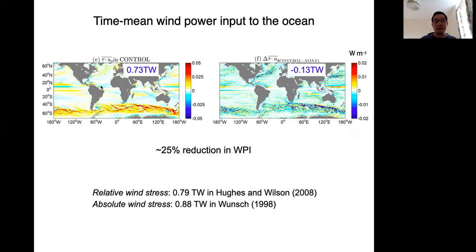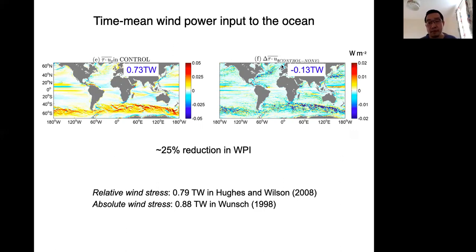This spatial pattern is very similar to previous studies. Basically, the wind energy input is primarily concentrated in the Southern Ocean. And if we integrate over the whole model domain, then the total energy input is about 0.73 terawatt.